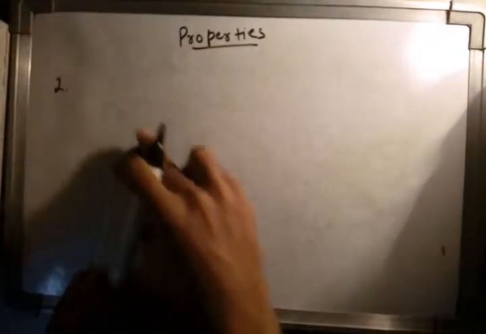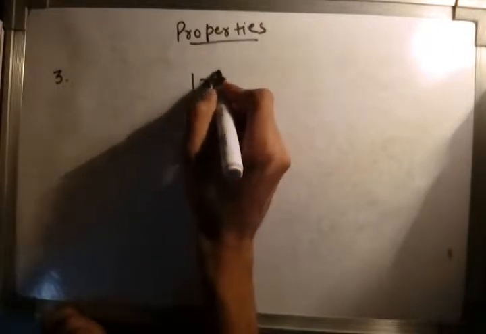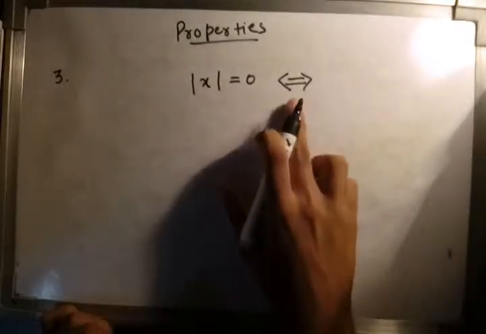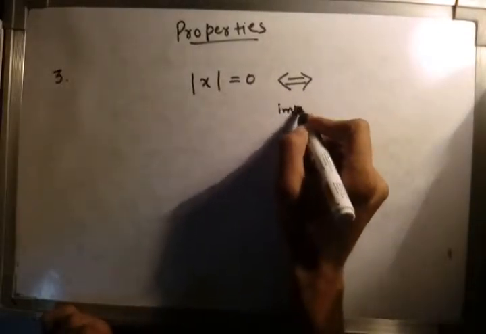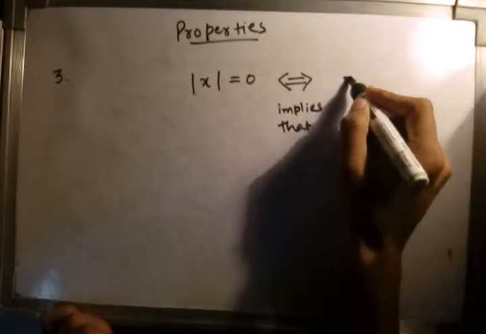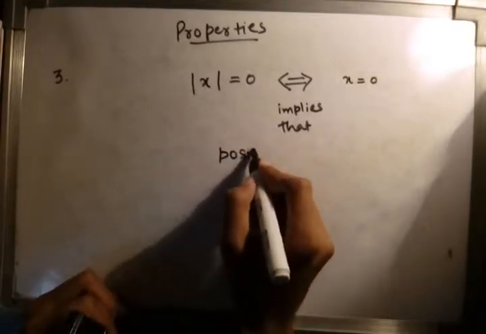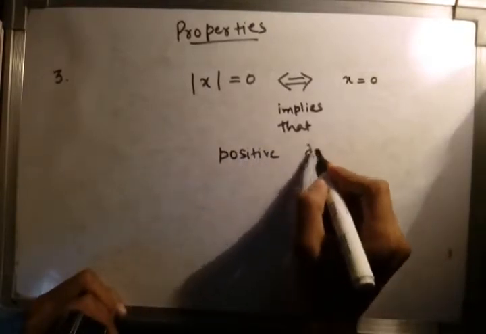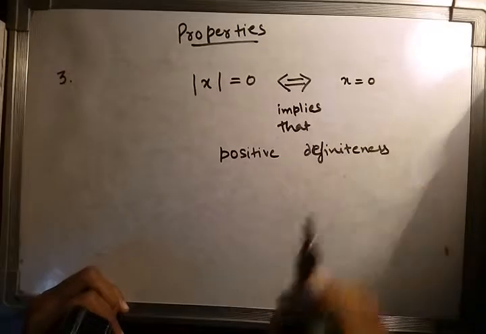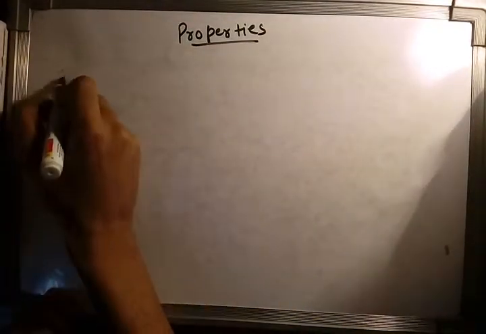Let's move on to another property: mod of x is equal to 0 implies that, this is the implication sign, this implies that x is equal to 0. This property is called positive definiteness.